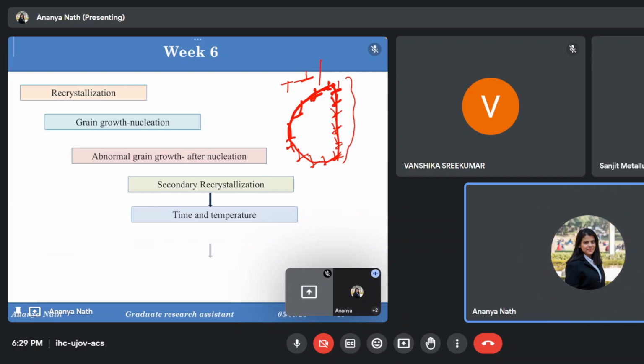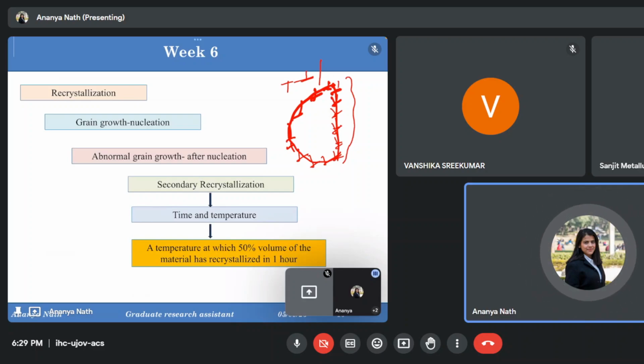And also, the temperature at which 50% volume of the material has recrystallized in 1 hour is called the recrystallization temperature, but it also depends upon the material and how much time it's taking. So there is a relation between the time and temperature.